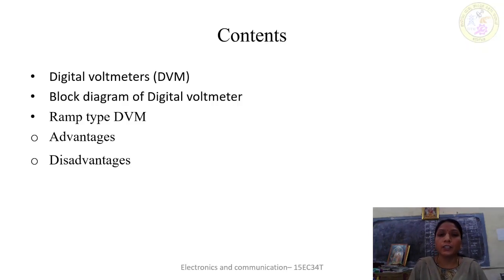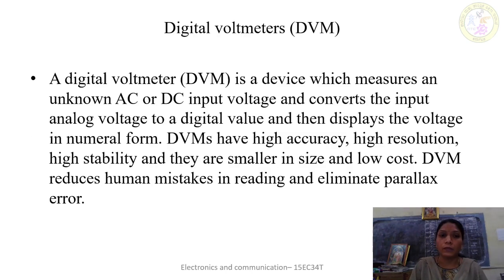In this session we will discuss digital voltmeters, the block diagram of digital voltmeters, the ramp type DVM, and its advantages and disadvantages. So let us study one by one.